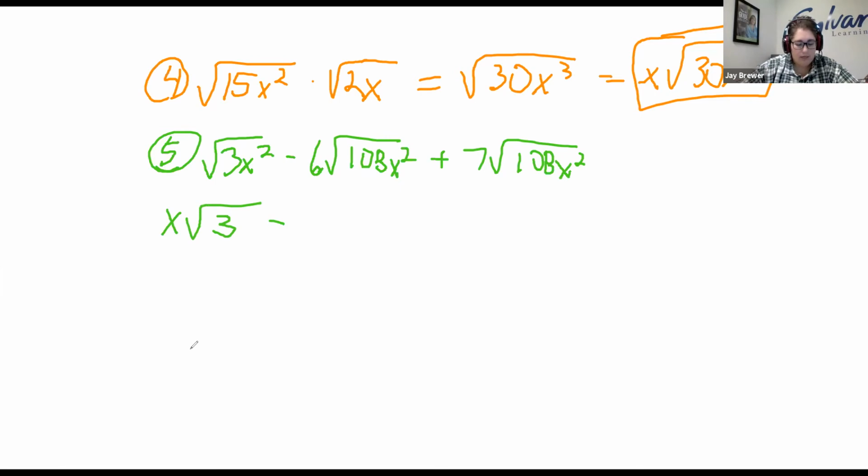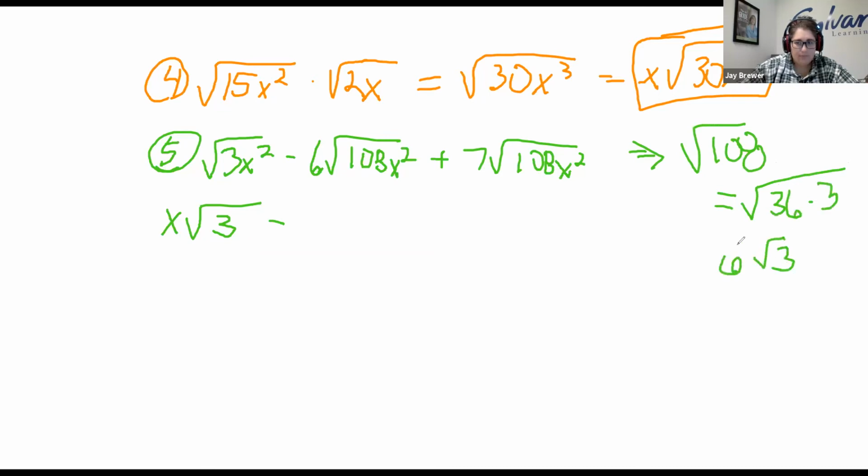So 108 divided by 3 gives us 36. 36 is a perfect square. So I'm just going to write it off to the side. Square root of 108 is equal to the square root of 36 times 3, which is 6 root 3.